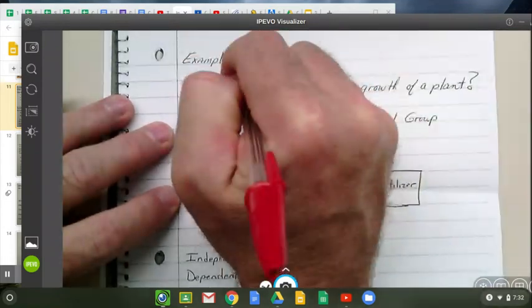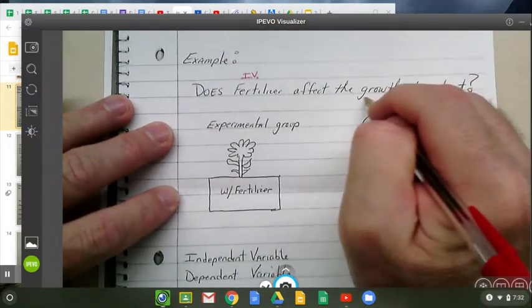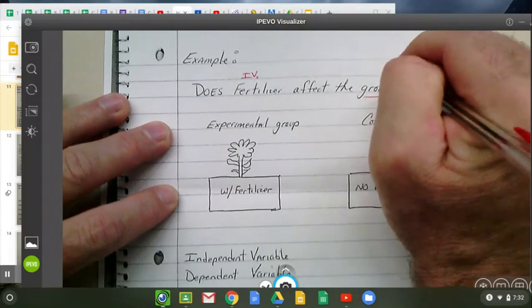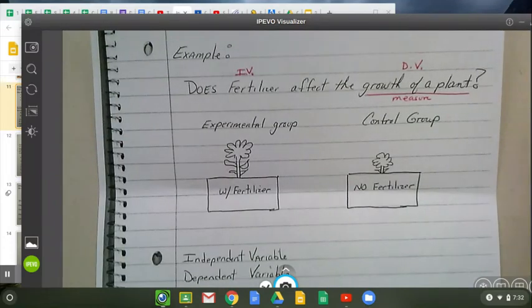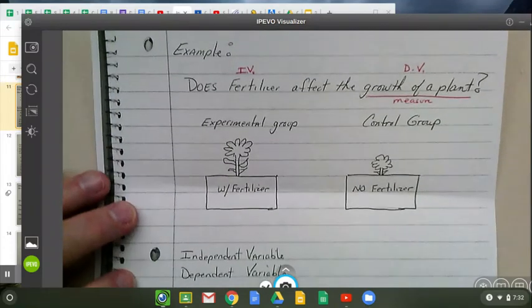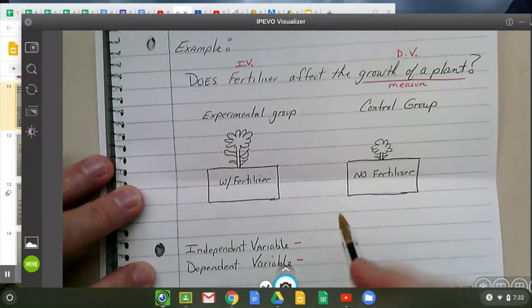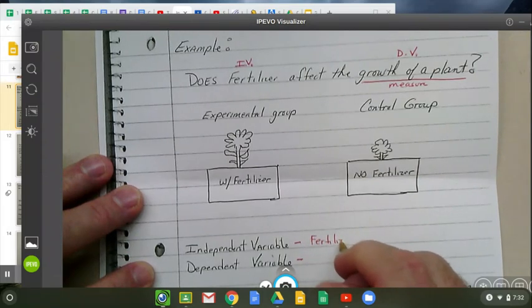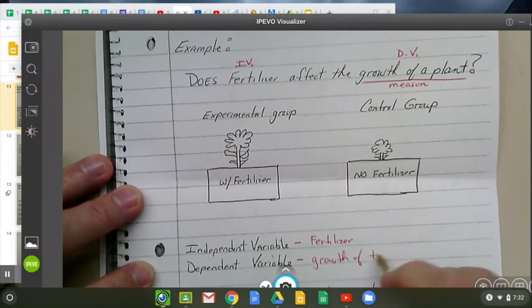So the fertilizer is my independent variable. The growth of the plant, which is something we can measure, is my dependent variable. And usually both variables are stated in the problem. All right, so again, independent variable is the fertilizer. The dependent variable is the growth of the plant.